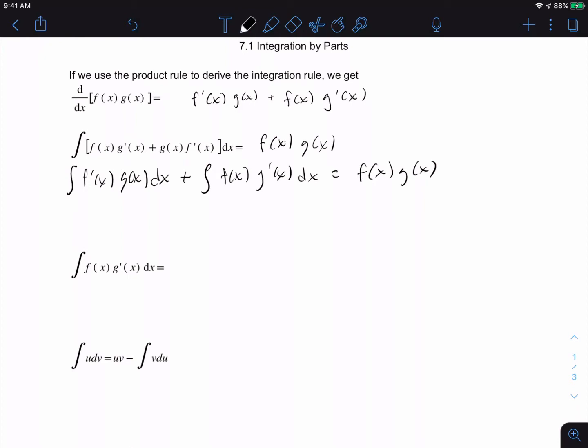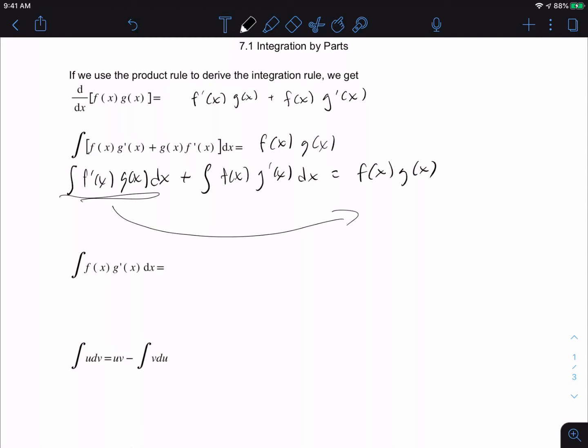So now what I'm going to do is manipulate this in such a way that it helps me create a new formula. So what do we see here? We see the integral of f of x times g prime of x dx is equal to, and we have that here, right? Don't we have this piece here, right here? Yes. Okay, since we have that, this needs to get moved to the other side.